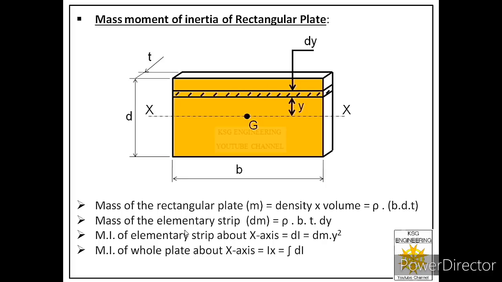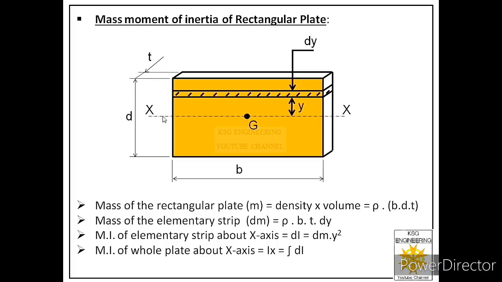Now once you get the mass moment of inertia of the elementary strip about the main axis, it will be easy for us to get the mass moment of inertia of the whole plate about the main axis. We can get that by integrating di between limits minus d by 2 and d by 2, because this axis lies exactly in the middle of this total distance.